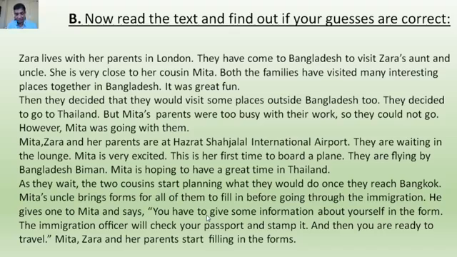It was great fun. Then they decided that they would visit some places outside Bangladesh too. They decided to go to Thailand. But Mita's parents were too busy with their work, so they couldn't go. However, Mita was going with them.